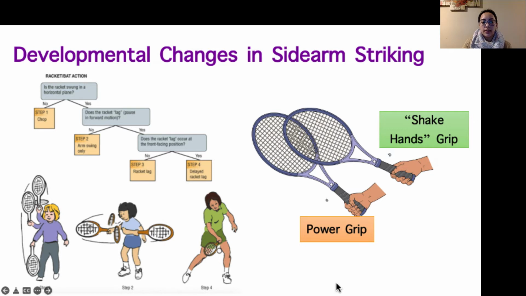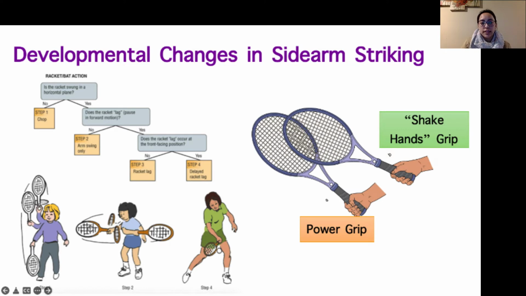As I noted in our previous slides, taking advantage of our limb length and how we can manipulate that throughout the strike becomes more sequentially utilized with more proficiency. Incorporating the lag ends up giving us more force to be translated into the ball or object that's being struck.